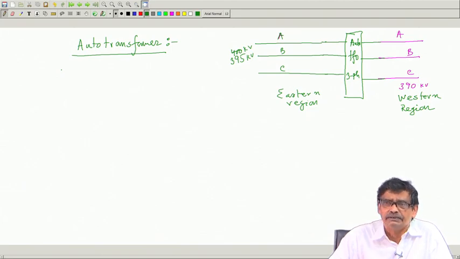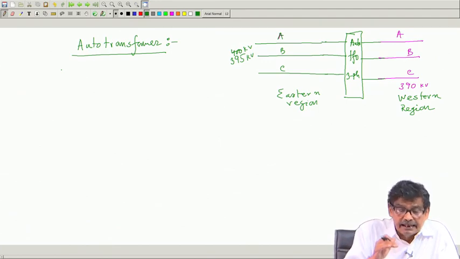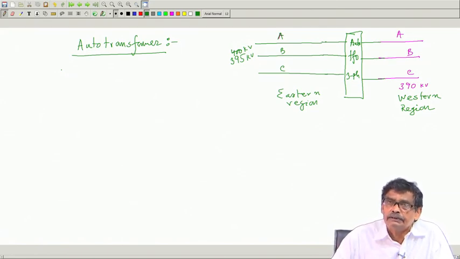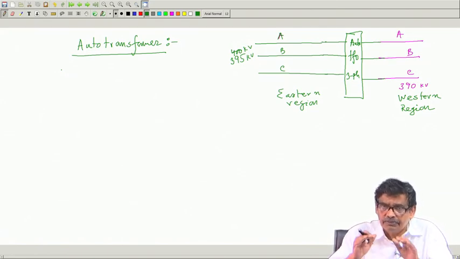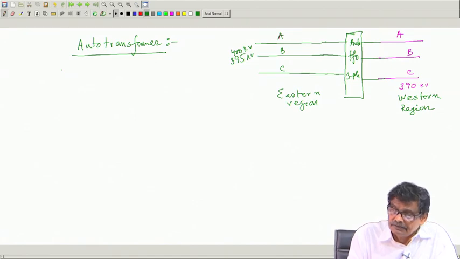There are very good solutions using inverters and power electronics, but earlier it was very much used. So, an auto transformer is a natural choice when the voltage levels of the two sides are of the same order. You really save money, copper.